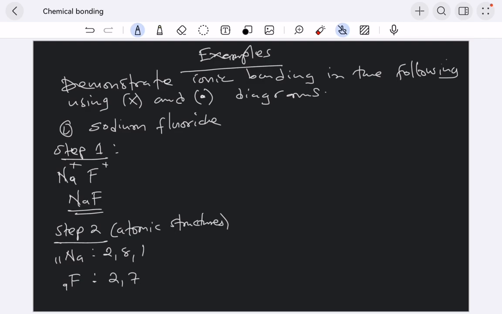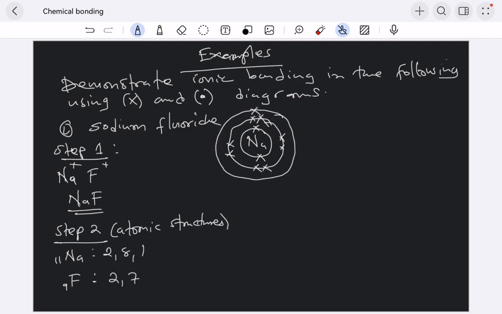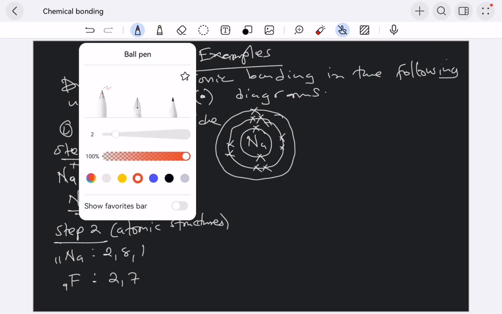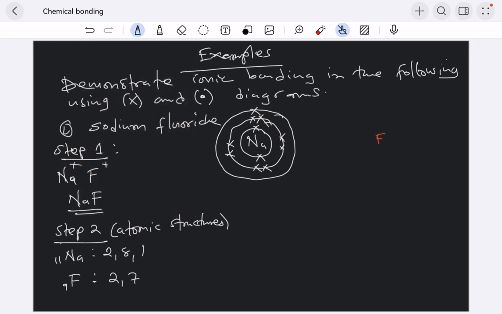So when I look at this and I draw these structures like this, then allow me to use a different color for fluorine. That's 2, 7. So those are their atomic structures.